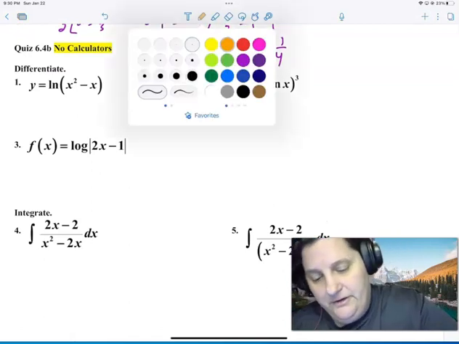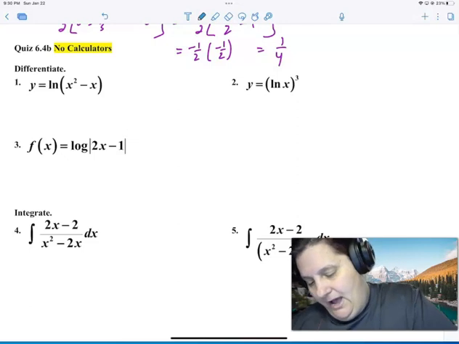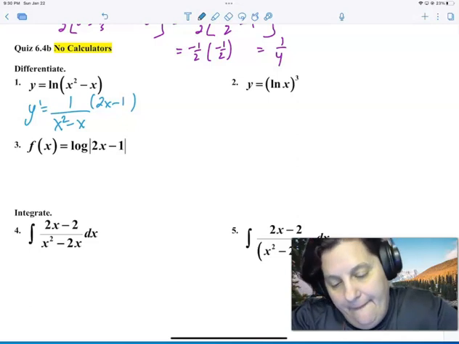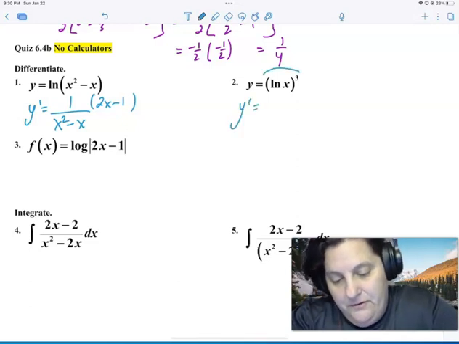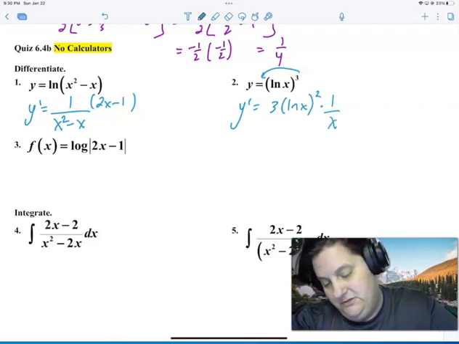All right, we're really rolling here. Let's go. Differentiate. Easy. The derivative of ln is 1 over whatever I'm taking the ln of, times the derivative of the inside. There's another chain rule. I do the 3 first. 3 ln of x squared times 1 over x.